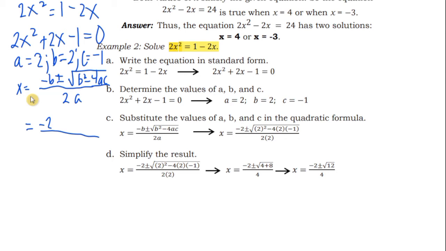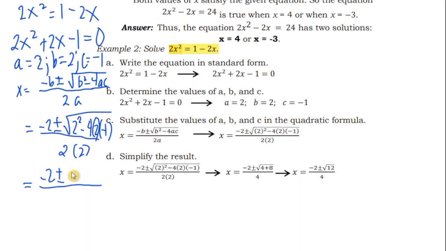So we now have negative 2 plus minus the square root of 4 plus 8, all over 4.